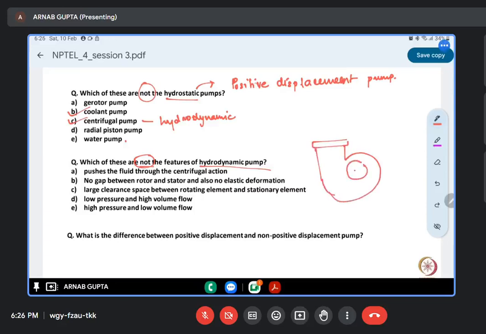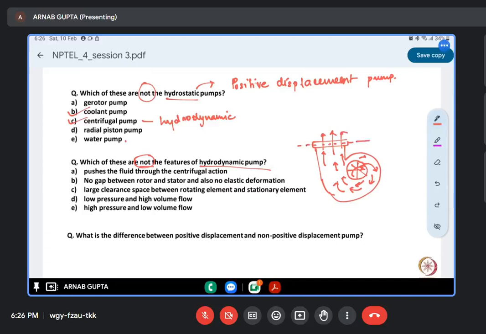You have the impeller rotating, and it will suck the fluid and throw it out into this basin, and the kinetic energy of the rotor will get converted into the pressure and kinetic energy of the fluid, and that will get pumped out through the outlet.